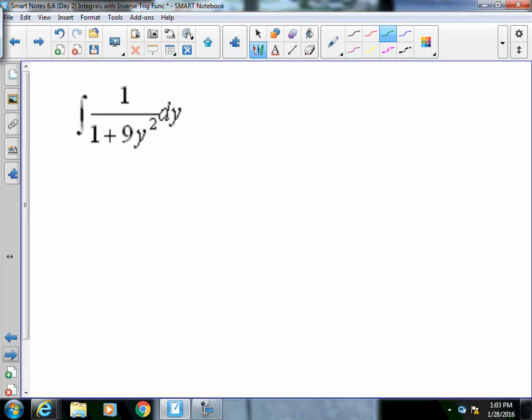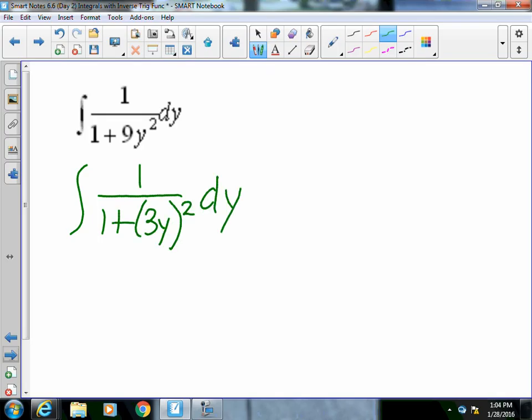Now, this one is interesting. It's not quite 1 plus x squared in the denominator, so it's not quite tangent, but let's rewrite it. Let's think about it this way. Now, it looks a little bit more like tangent, because 3y squared is 9y squared.